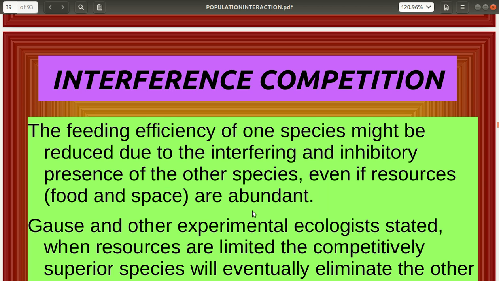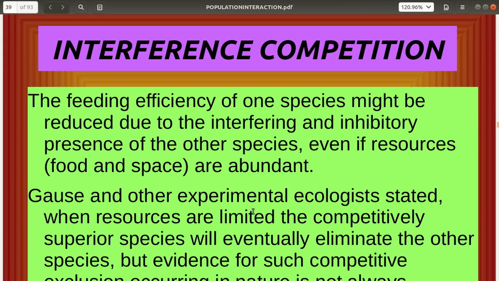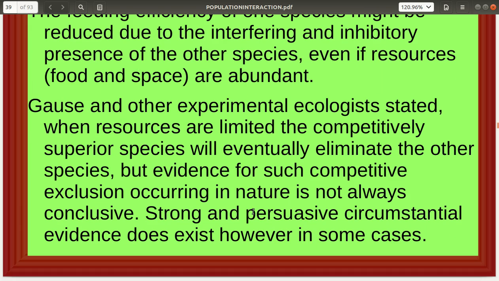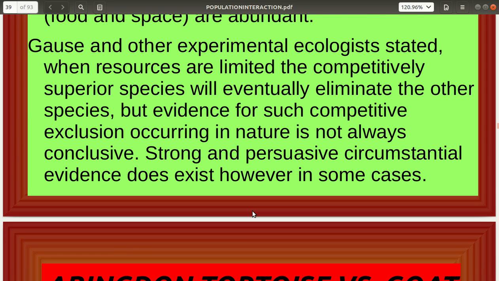When resources are limited, the competitively superior species will eventually eliminate the competitively inferior species. But evidence for such competitive exclusion occurring in nature is not always conclusive. Strong and persuasive circumstantial evidence does exist, however, in some cases.